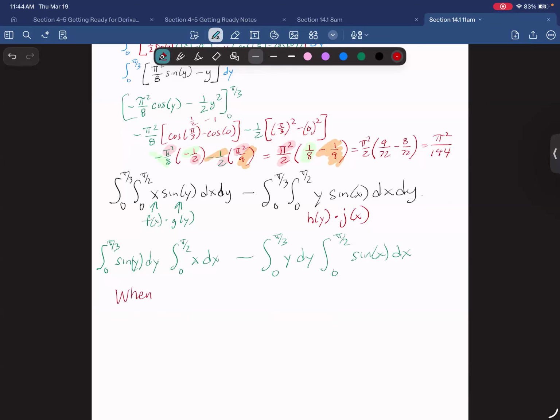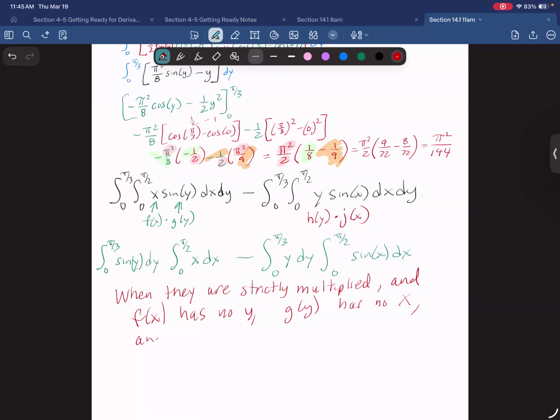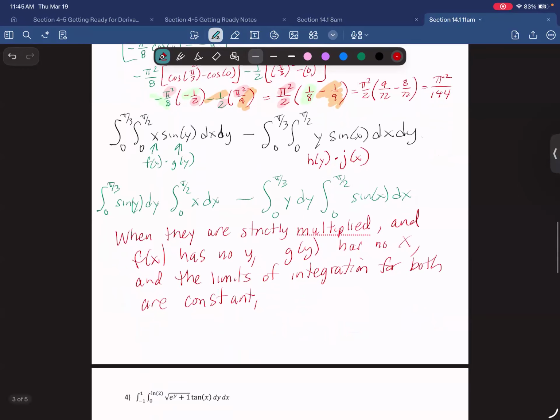When they are strictly multiplied, and f of x has no y, g of y has no x, and the limits of integration for both are constant, we can separate them into a product of the integrals.